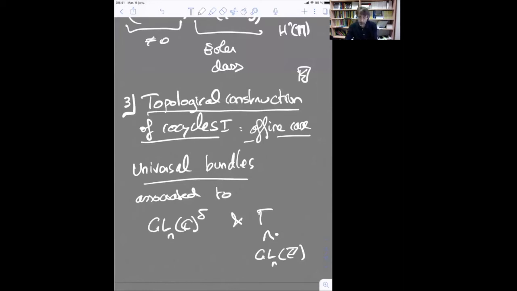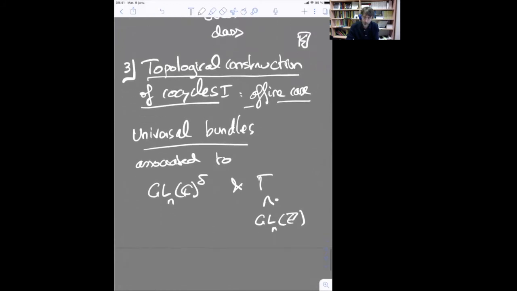And here I start with the simplest case, which is the affine case.